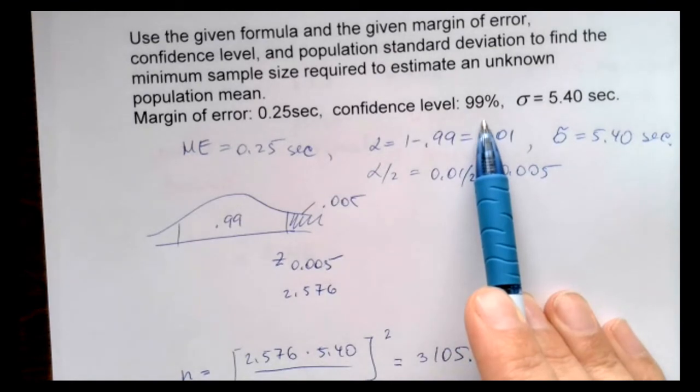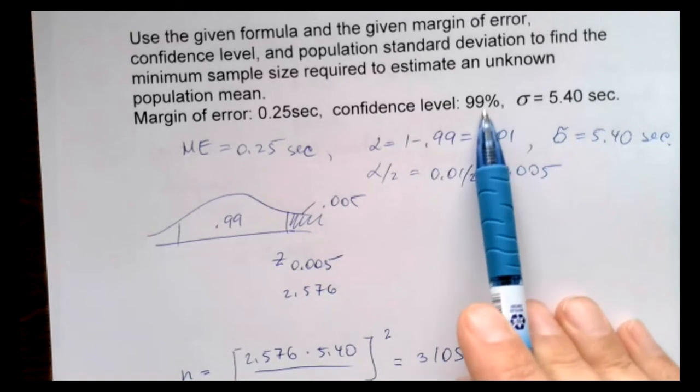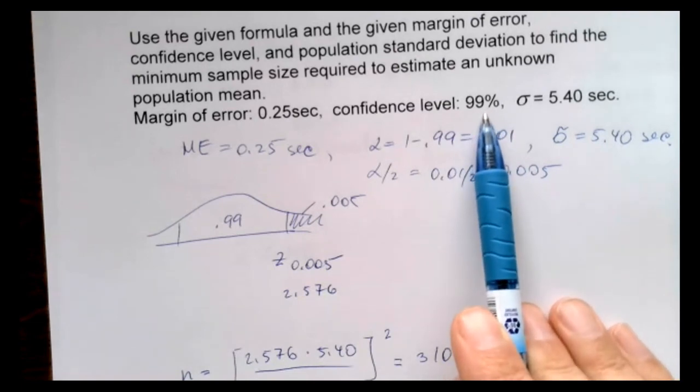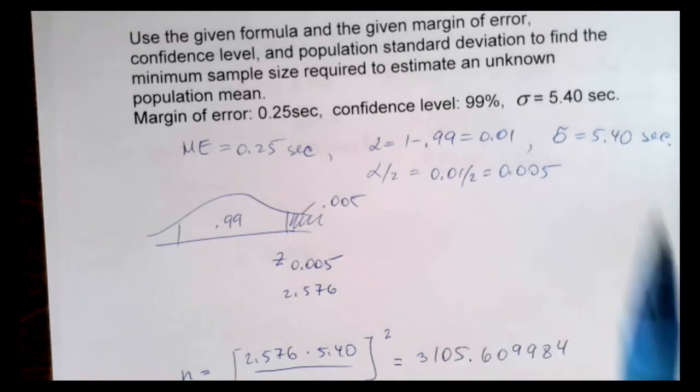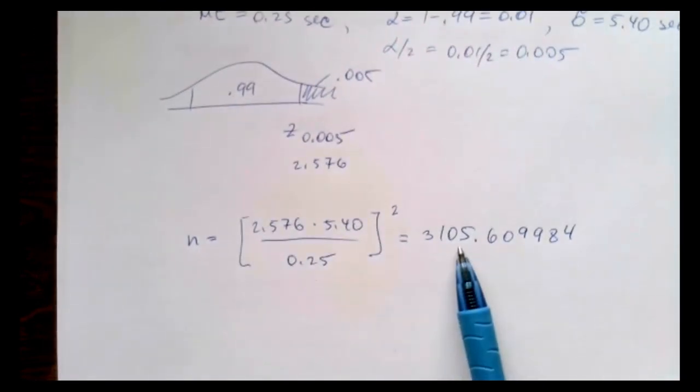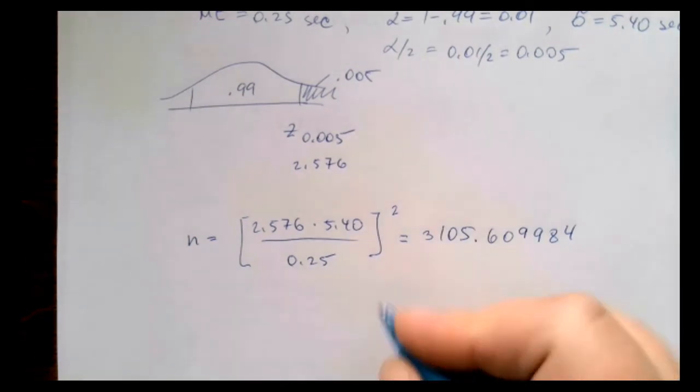If we lower the sample size, we're going to lower the accuracy, and the 99% confidence level will not hold up. So we can only increase this number. We can never decrease it.